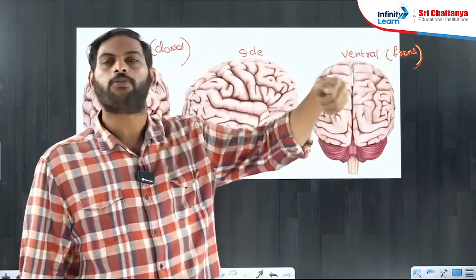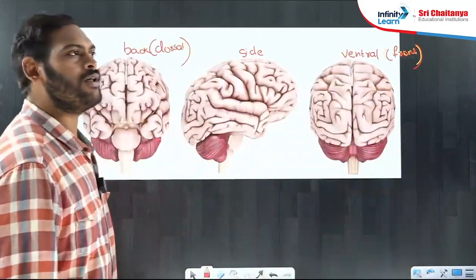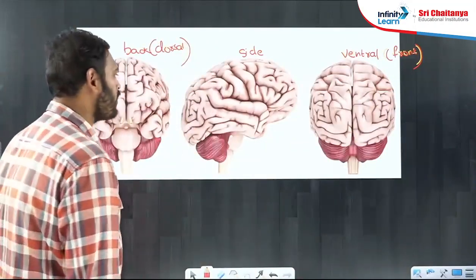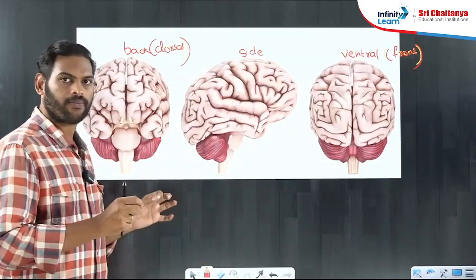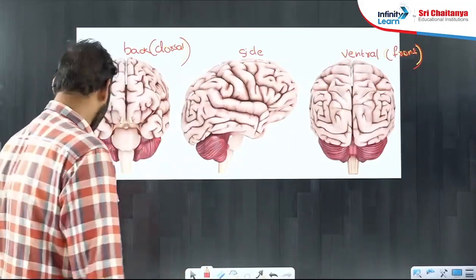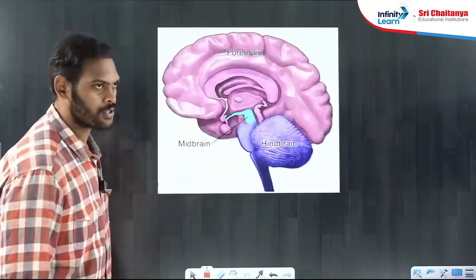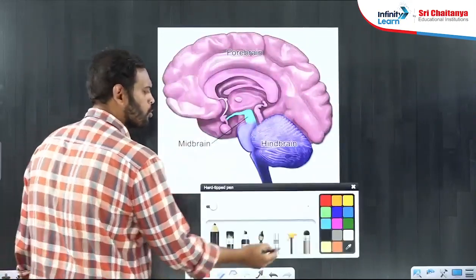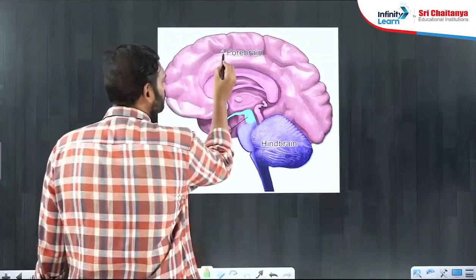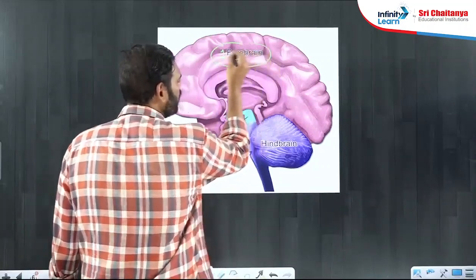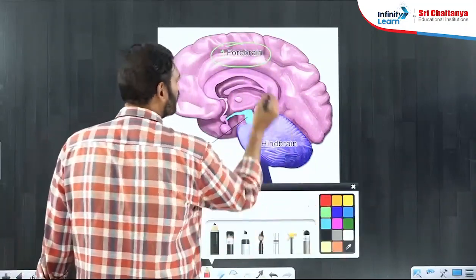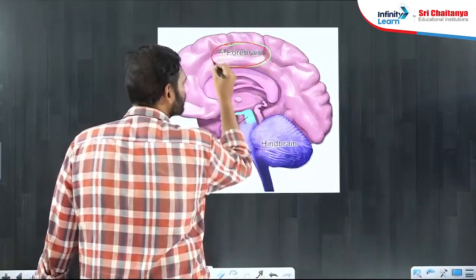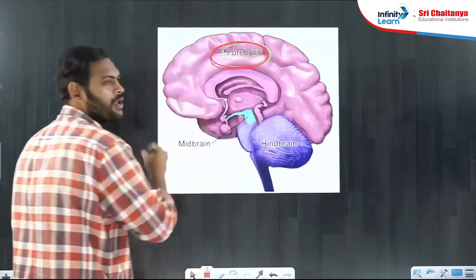To make it much simpler, our physiologists have done a very great job. They have split the brain into 3 components. What are those components? First one, forebrain.